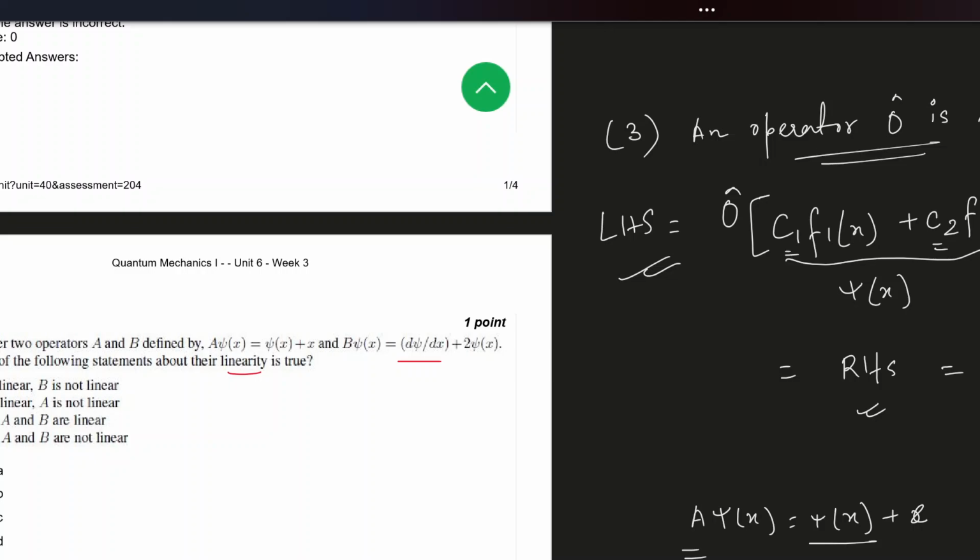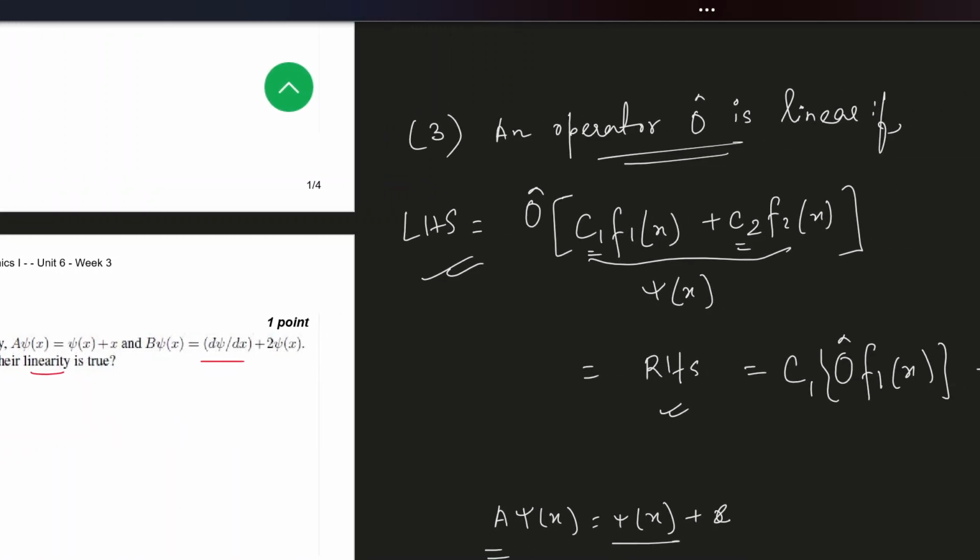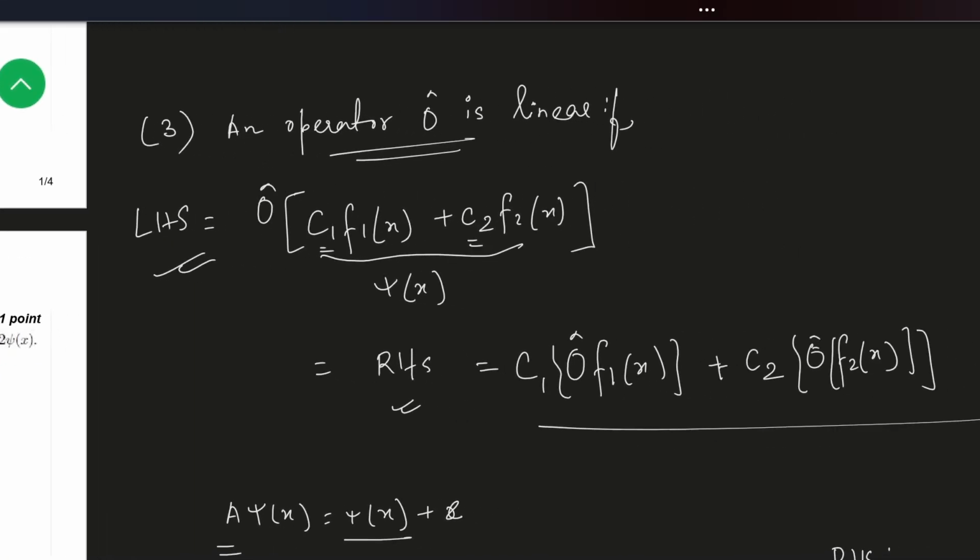acting on this thing means this whole thing is basically your psi(x), and the expression is psi(x) plus x. So that means this is c1 f1(x) plus c2 f2(x) plus x, and RHS will be equal to c1 A cap acting on f1(x) plus c2 A cap acting on f2(x).